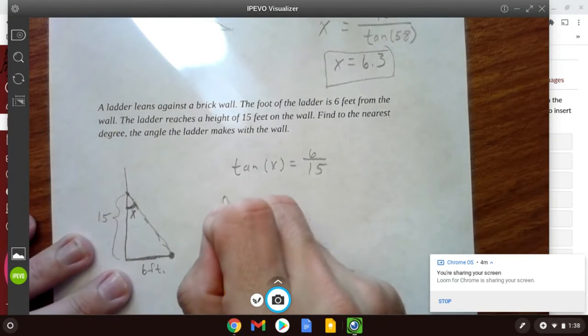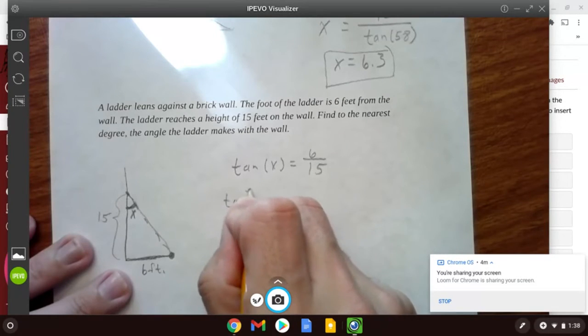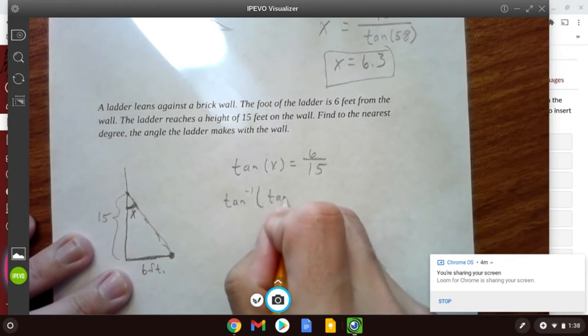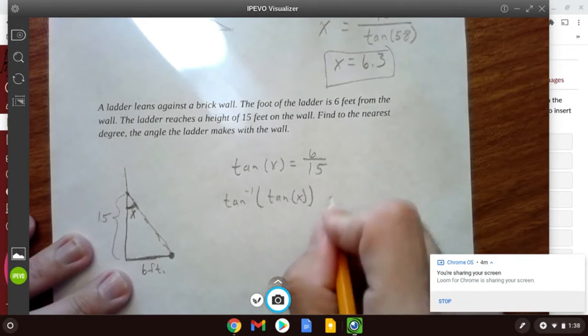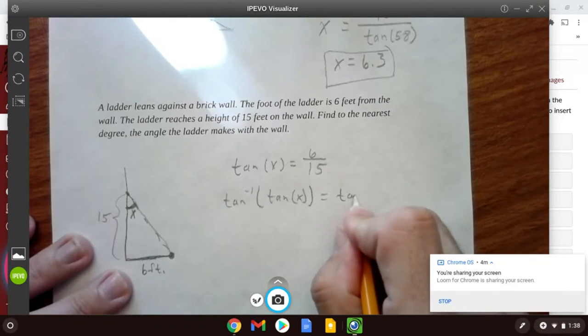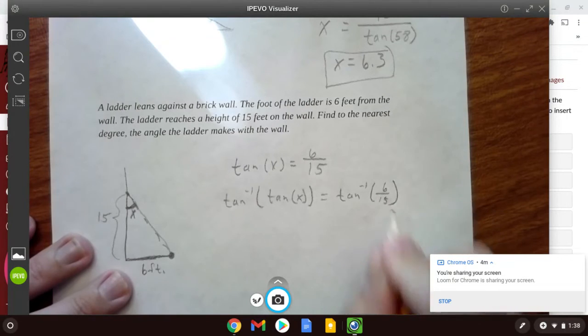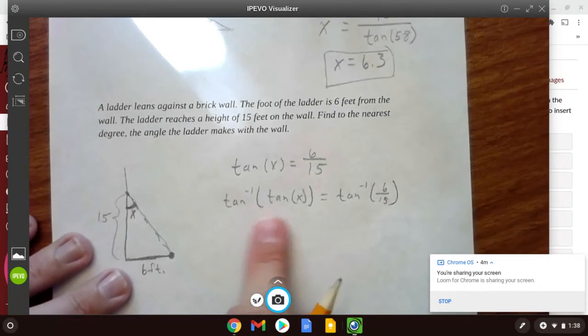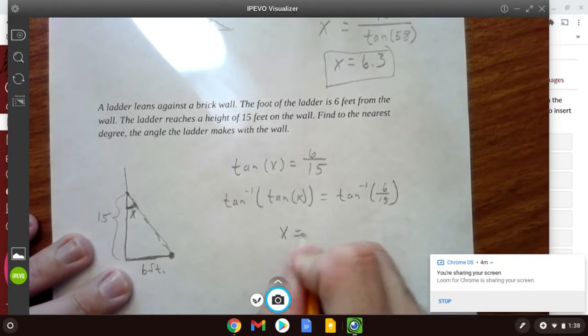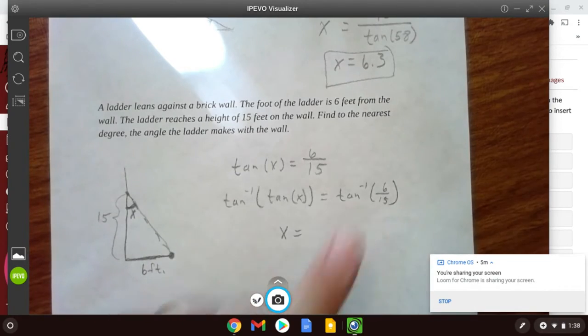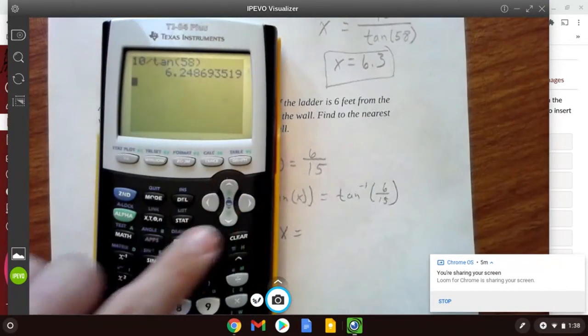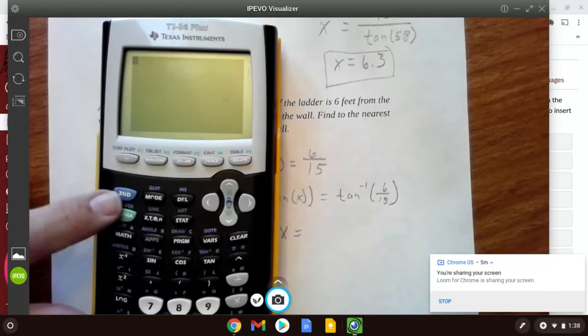So inverse tangent of tan of x is equal to the inverse tangent of 6 over 15. This side doesn't matter too much because it just cancels out, but this side is going to be our answer. Make sure you're in degree mode.